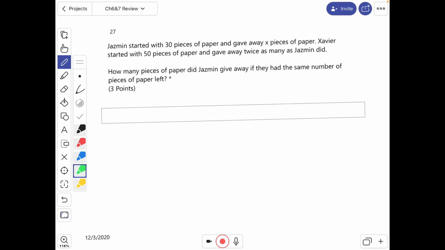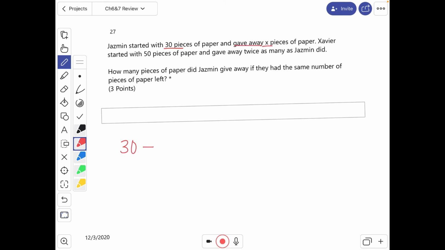Number 27. Jasmine started with 30 pieces of paper and gave away X pieces of paper. Xavier started with 50 pieces of paper and gave away twice as many as Jasmine did. How many pieces of paper did Jasmine give away if they had the same number of pieces of paper left? Okay, again, let's start with Jasmine's. She had 30 pieces of paper.